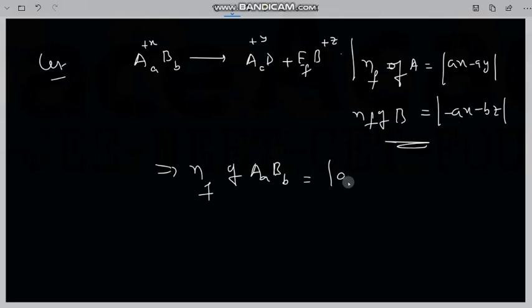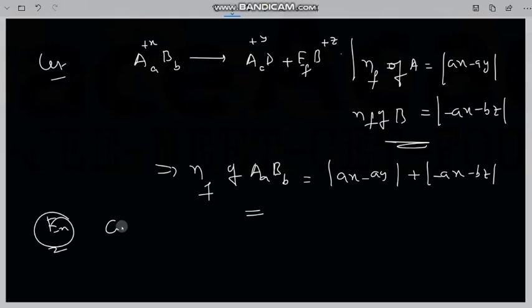That means a times (x minus y) plus b times the modulus of (x minus z). So this is the general formula for this type of salt. We'll see an example clearly to understand this.